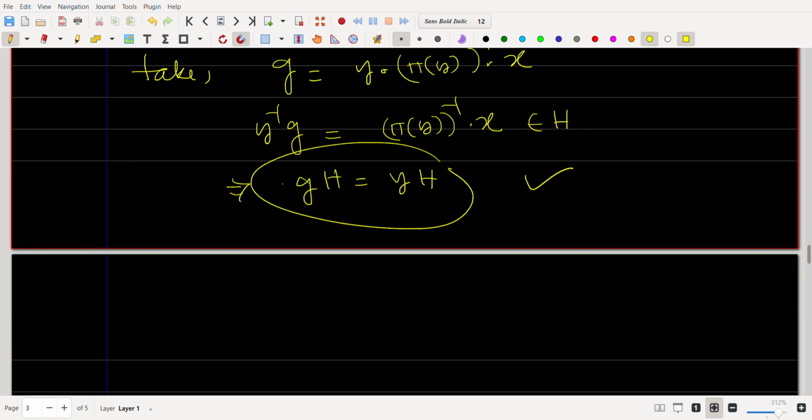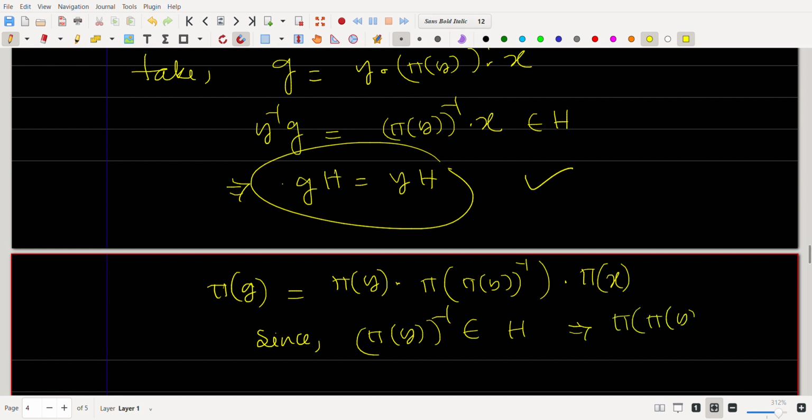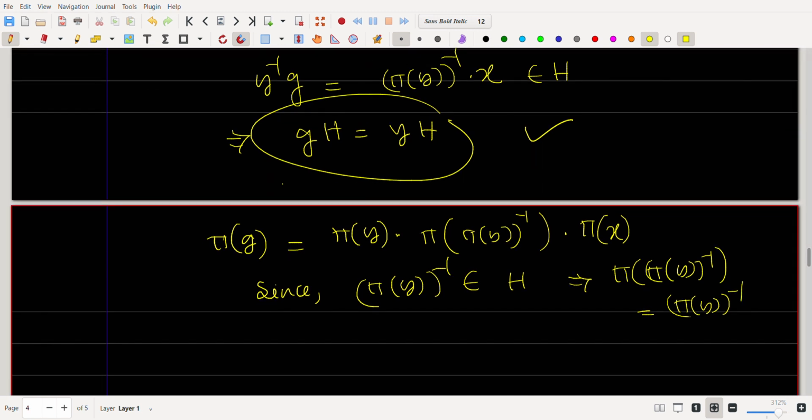This will imply gH equal to yH. First part is done, and for the second part I need to show that pi g equal to x. So pi g equal to pi y dot pi of pi y inverse dot pi x, right? Now since pi y inverse belongs to H, that will imply pi of pi y inverse is the same as pi y inverse, right?